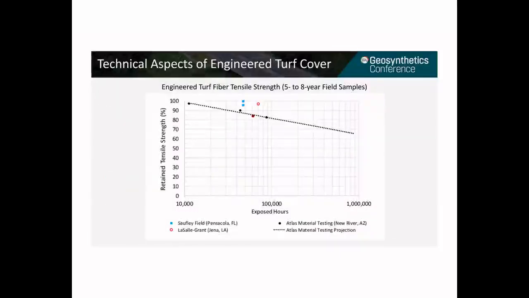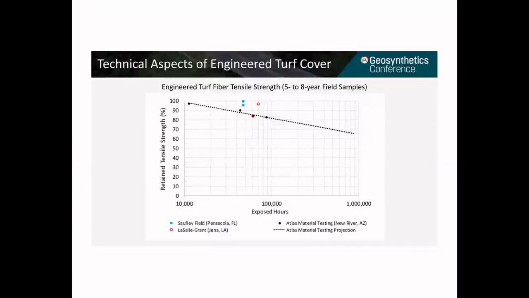In addition to the test at the weathering facility, turf fiber samples from real projects were collected and tested. The results of retained tensile strength from field samples were compared to the results from the weathering facility. The two blue squares are for samples collected from the Sophie Hill landfill after approximately 5 years of installation, and the two red circles are from the Nacogdoches landfill after approximately 7 and 8 years of installation.